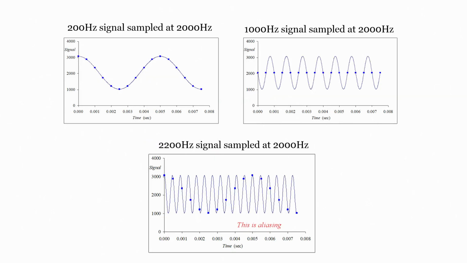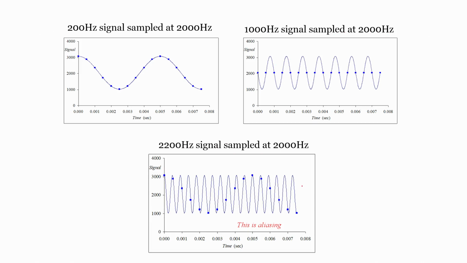Now, if you see here, you have a 200 hertz signal sampled at 2000 hertz, a 1000 hertz signal sampled at 2000 hertz, you can see this waveform, and a 2200 hertz signal sampled at 2000 hertz, you can see this waveform.